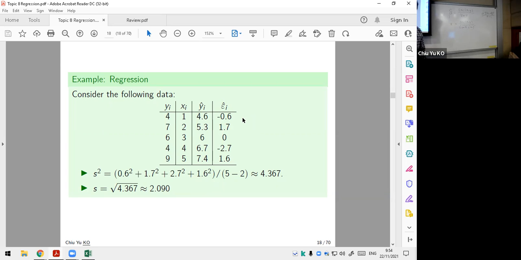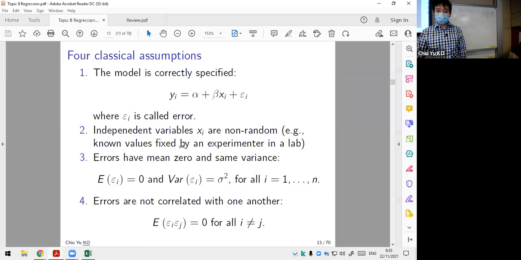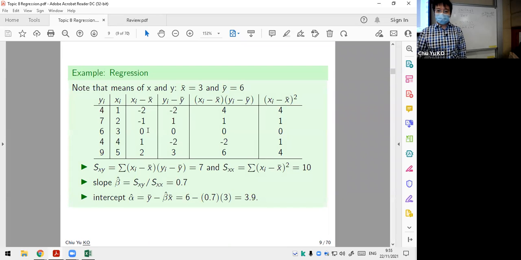Okay, so this is X and Y. This is the example. We can calculate Y hat. How to calculate Y hat? Just go back to the beginning. Y hat is just alpha hat plus beta hat times xi.